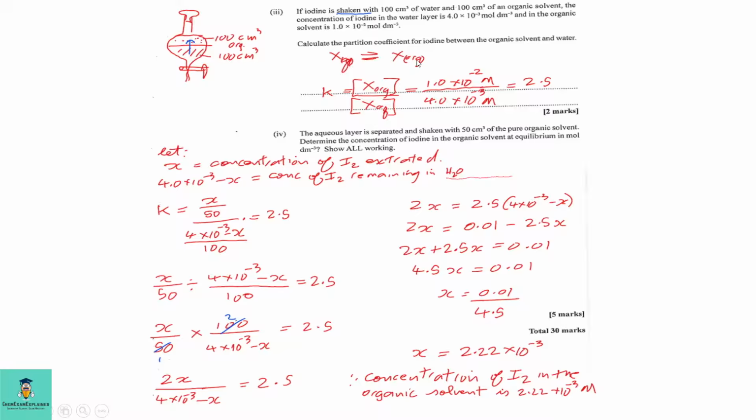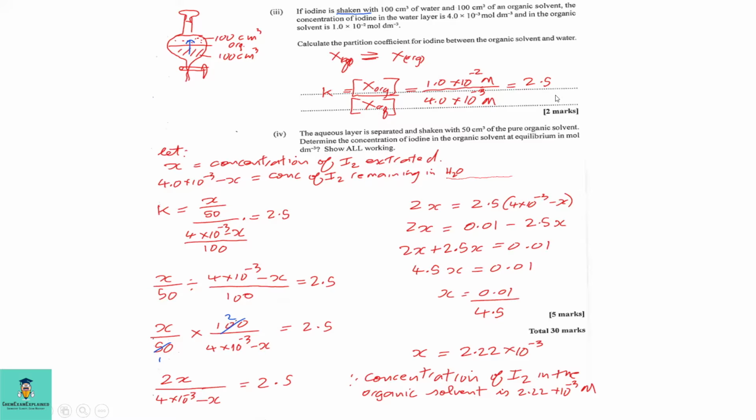The organic layer is the product and the aqueous layer is the reactant. And so when you write the equation for the coefficient K, K is equal to the organic layer over the aqueous layer. In this case, we just plug the values in and we find out what K is.